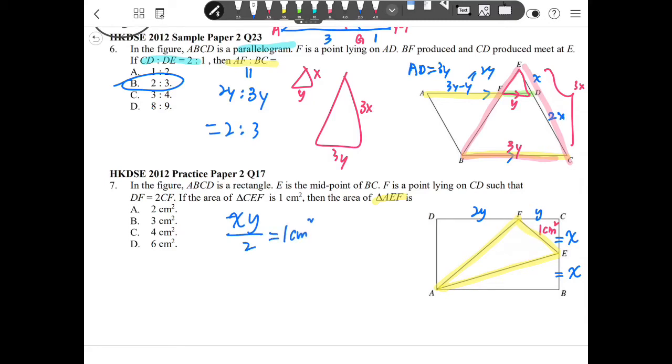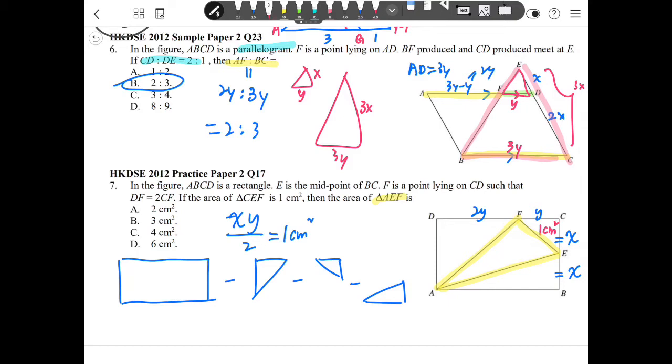And the entire idea would be using the larger rectangle minus 3 small triangles. So use the entire one minus the upper left one and also the lower one. Okay, so that would be the idea.